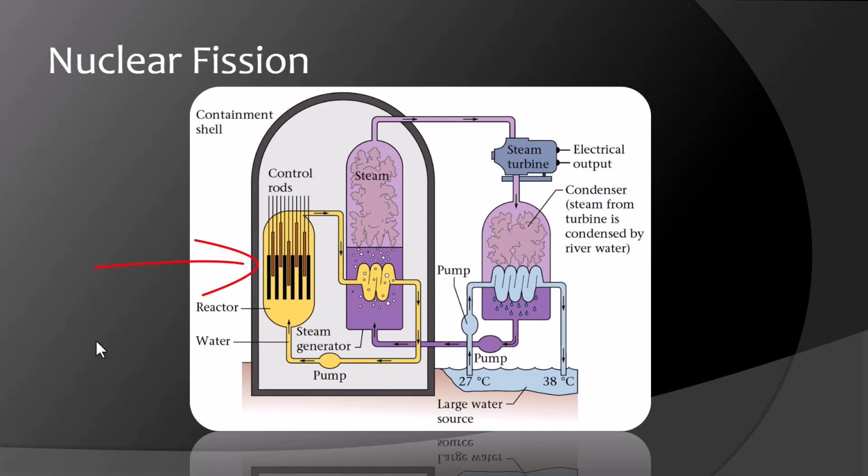I would like you to notice that it's in the color yellow, and it is self-contained. So the idea is that within the reactor, there is water, and that water is heated up under pressure. The way it gets heated up is by having the uranium rods and control rods.